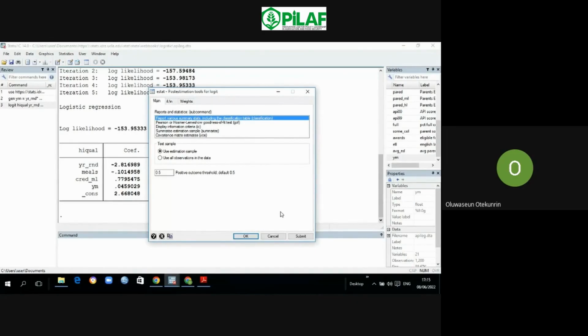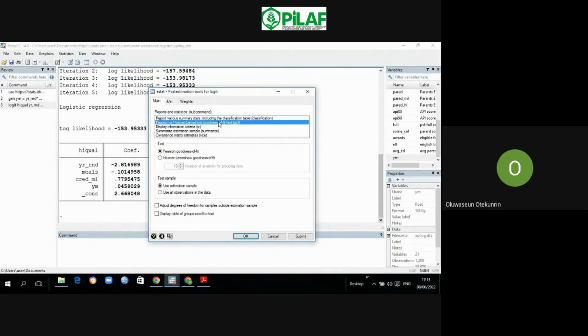Under main, you see report and statistics subcommand. The first one is report various summary statistics and so on. But the second one is the one we have interest in. So click that second one: Pearson or Hosmer-Lemeshow goodness of fit test.